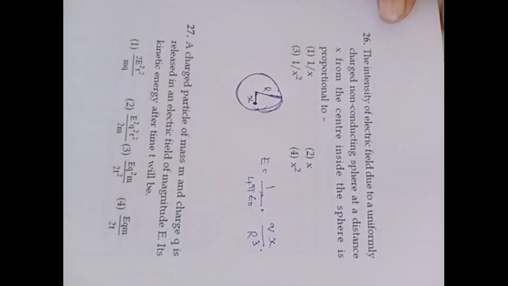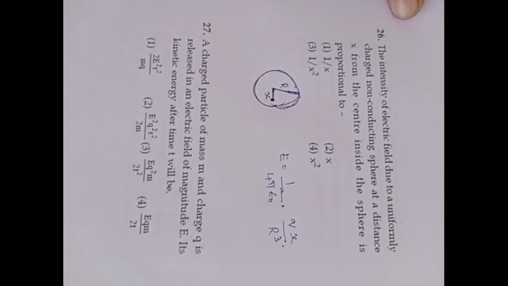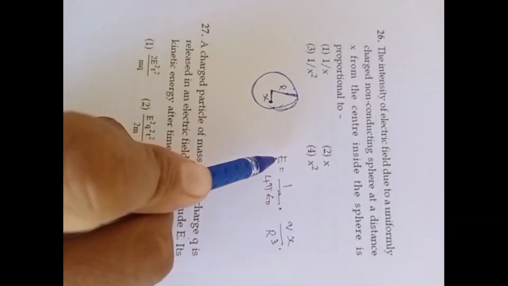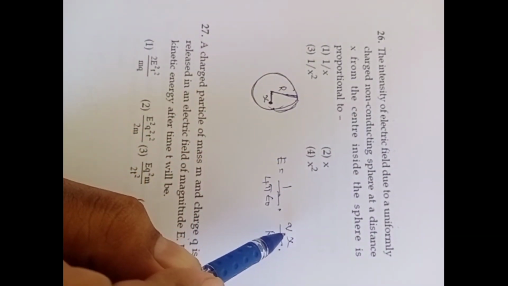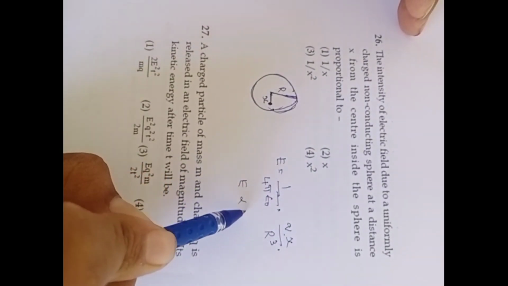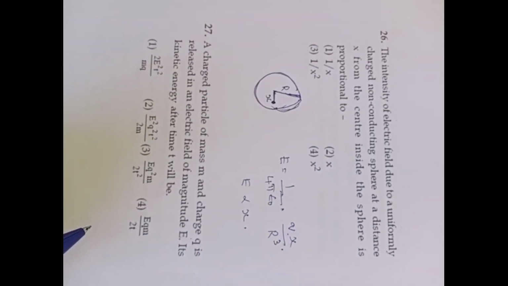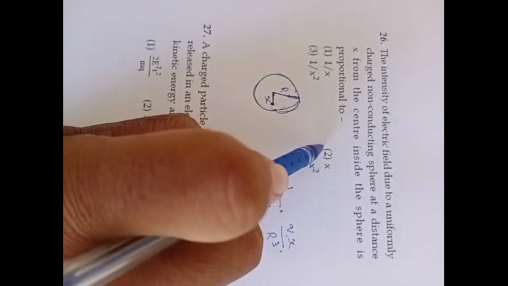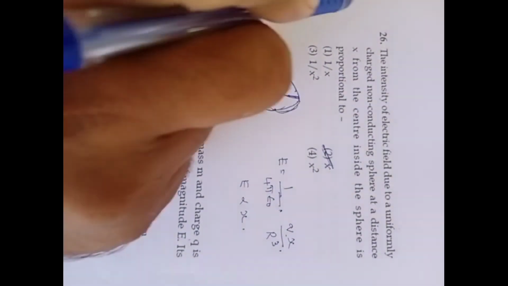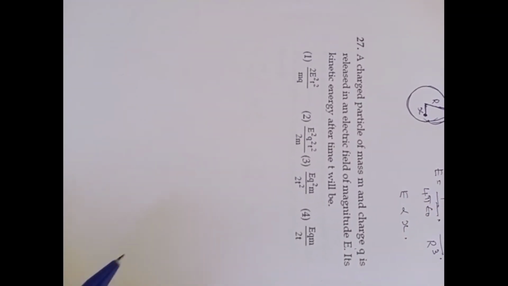Here what is the field? It means 1 by 4 pi epsilon naught qx by r cube. So this relation formula, we discussed this one. Check the synopsis. E proportional to x. So the relation between field and distance is E proportional to x. That is the 26th question. Next, 27th question.